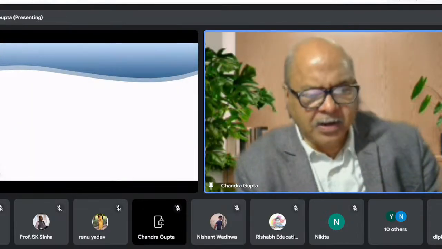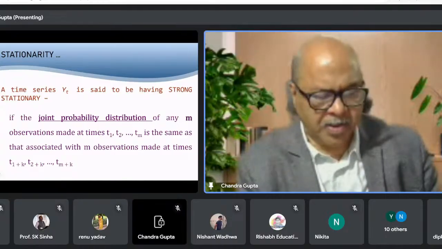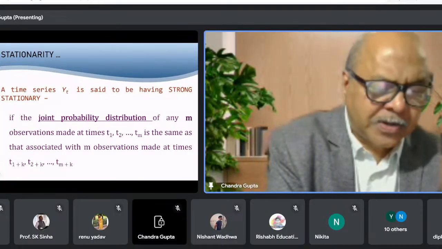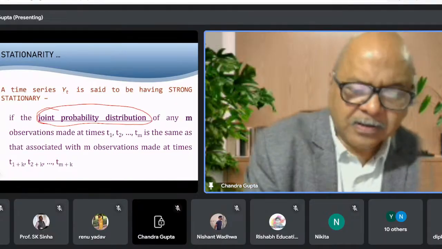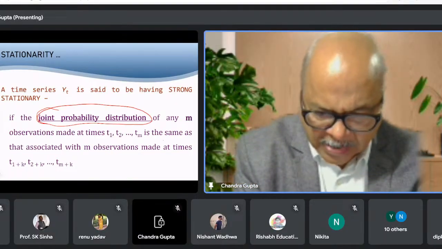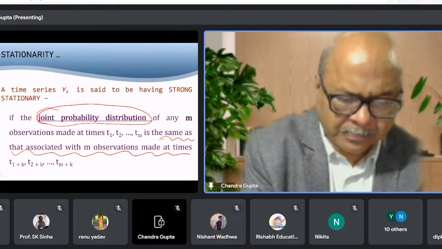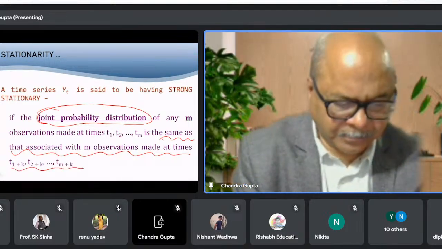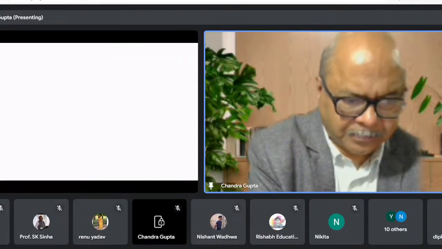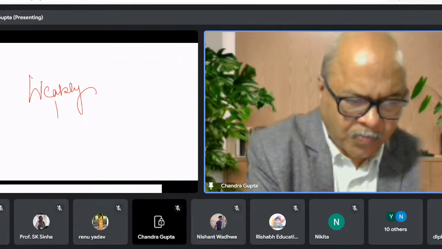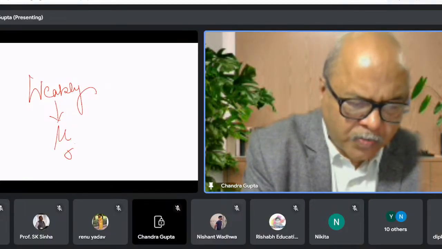On the other hand, a series is said to be strongly stationary if the joint probability distribution of the observation is the same over all the time period. Weakly, mean constant, variance constant, covariance constant.